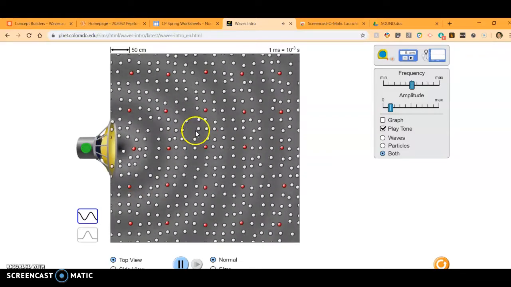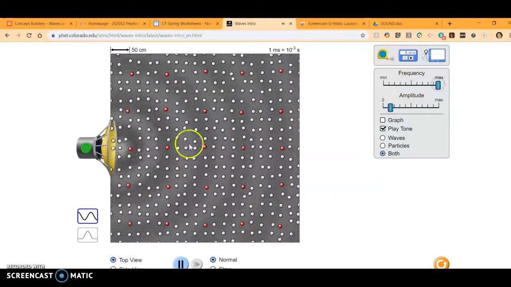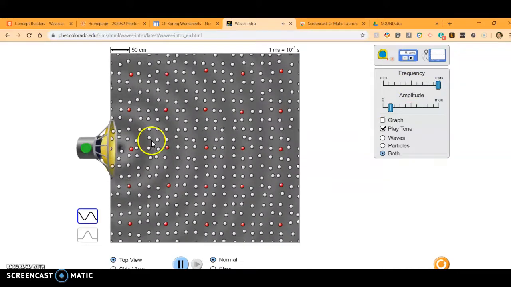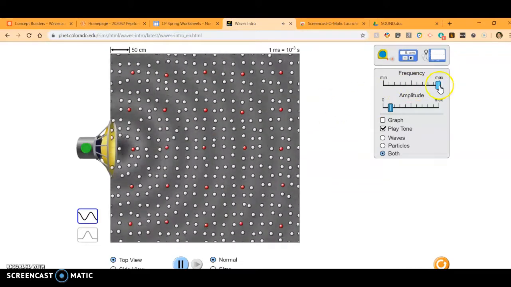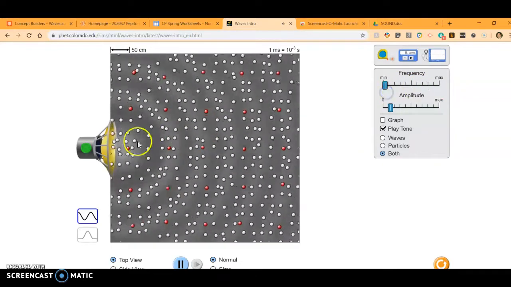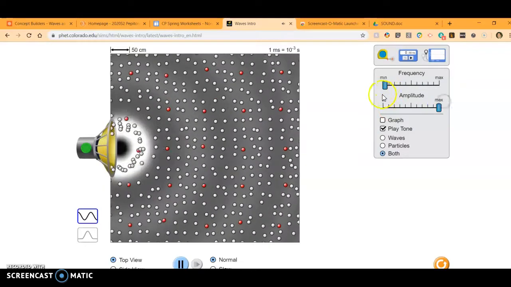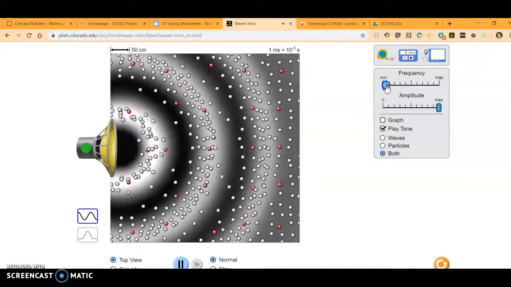It's the same frequency tone, and if you did a higher frequency, it would vibrate faster, but just not with as much energy. There's those high frequencies. It's a very high pitch, but it's just not very loud. There's a low pitch, not very loud. The amplitude maximum is going to create loud tones for us.